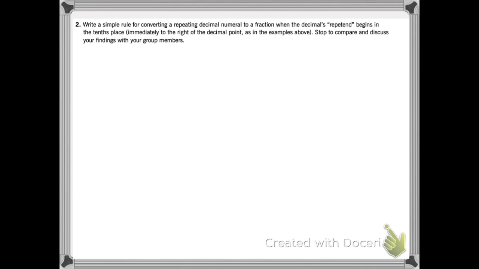It says write a simple rule. Okay, so step 1.